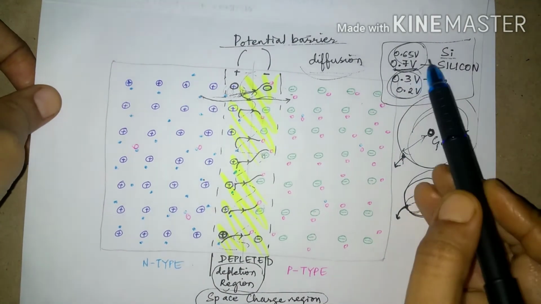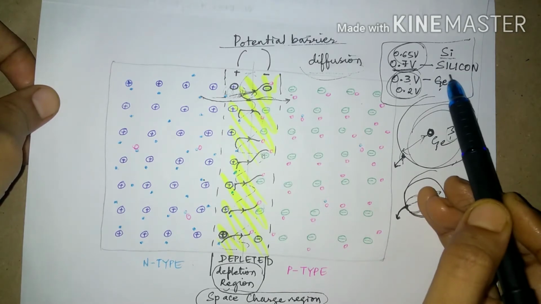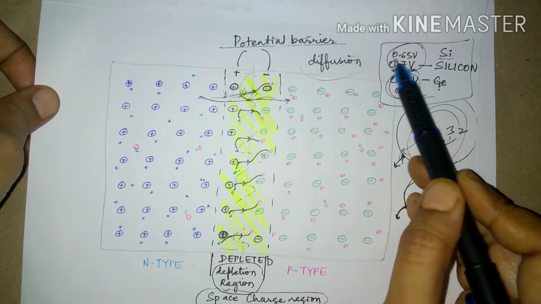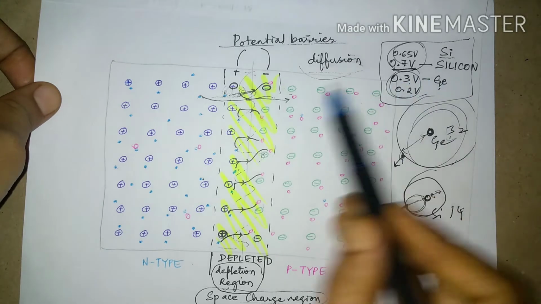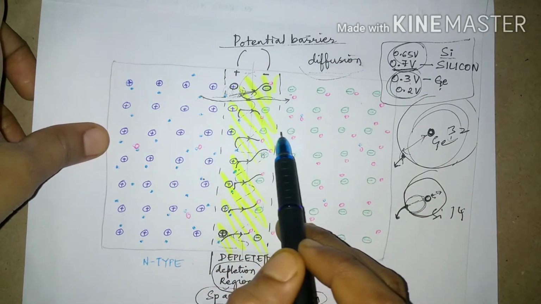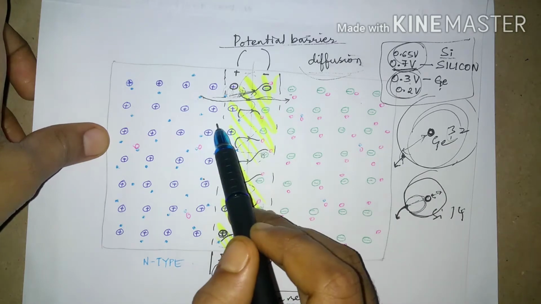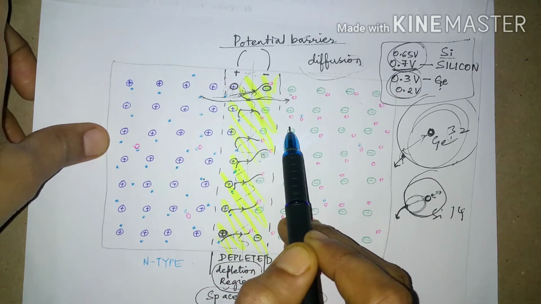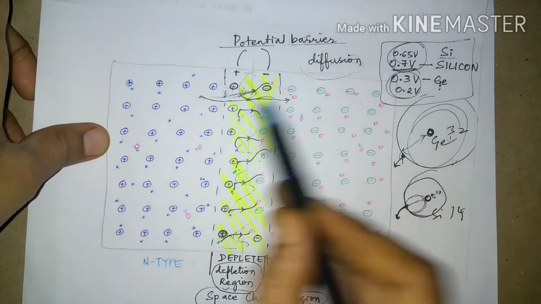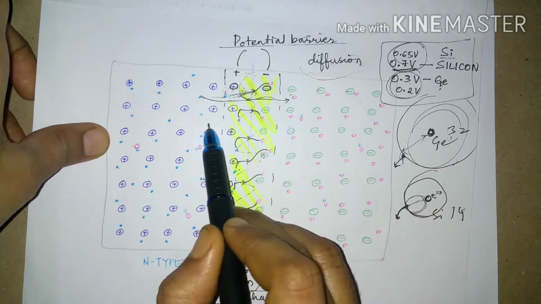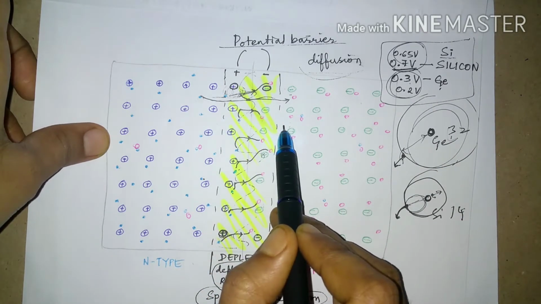I think this point is also clear: silicon needs 0.7 volts of energy to force the electrons from this side to this side, and germanium needs only 0.3 volts.